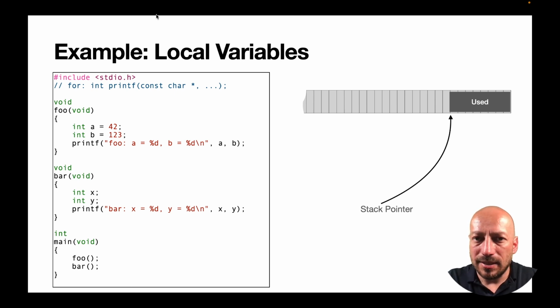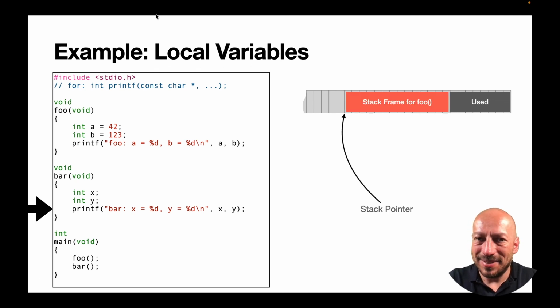And now you might guess what happens if we call function bar. Yeah, before we continue with the first statement in function bar, again, the stack frame gets generated by just decrementing the stack pointer. And this will not be somehow overwritten with zeros before the statement gets executed in function bar.